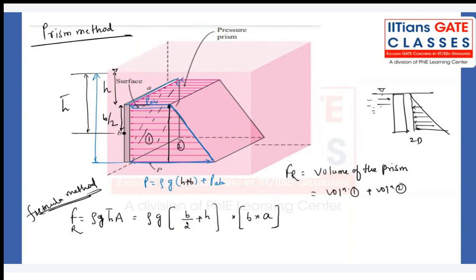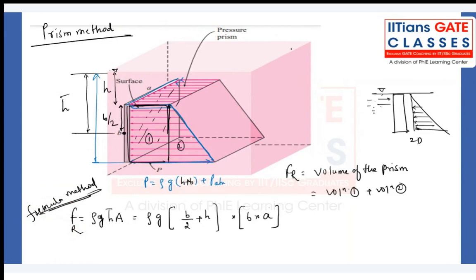How to calculate the volume of prism 1? Sorry, this will not be PATM. This will be rho g into H.